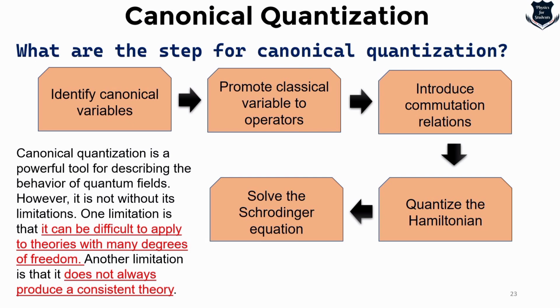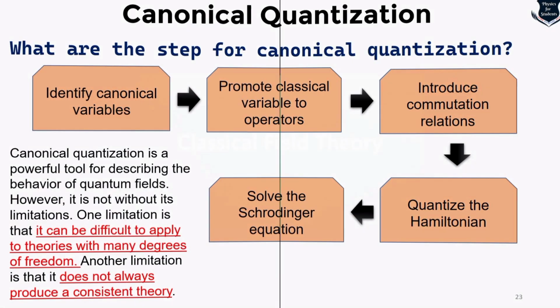But in spite of this, this is how we do the quantization, and it was Paul Dirac who first found this out. So we are going ahead with the parts that we need to understand in classical mechanics. And one thing which we have still not explored is field theory, what is called classical field theory, coming up in the next part of our video.